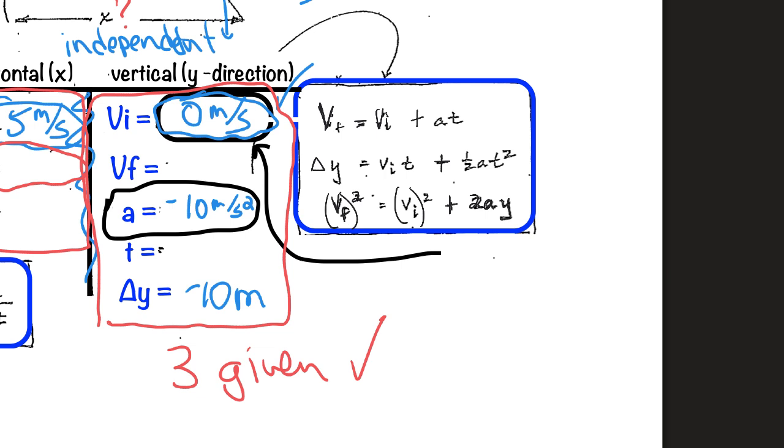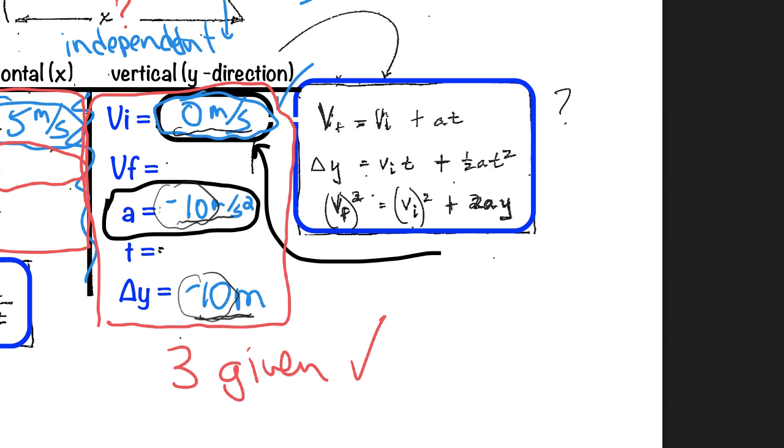And we have to pick which one we are going to use based on knowing the V initial, the A, and the delta y. And yes, it is a coincidence that they're both negative 10, but they mean totally different things. The acceleration is how much it is changing its velocity, and delta y is how far. Some people look at that and go, oh, they're the same. They're not. They've got different units.